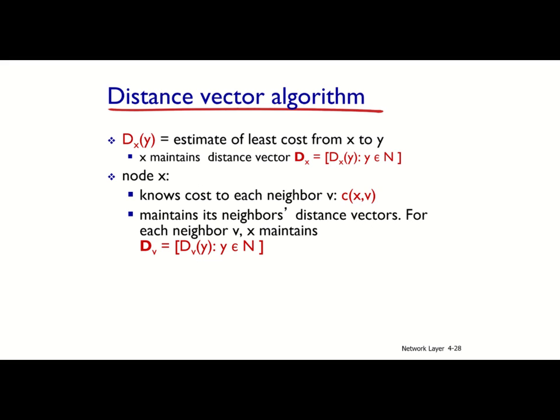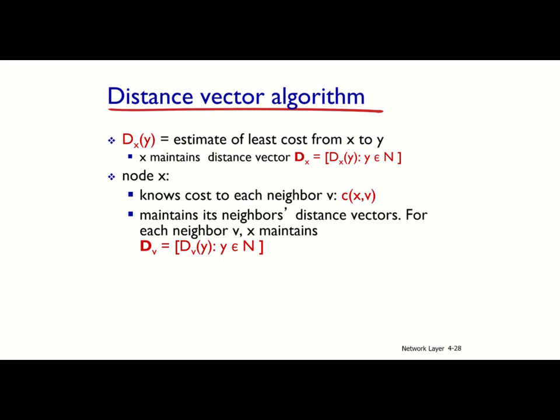This way it can run the Bellman-Ford equation to update its own distance vectors based on the neighbors' distance vectors.